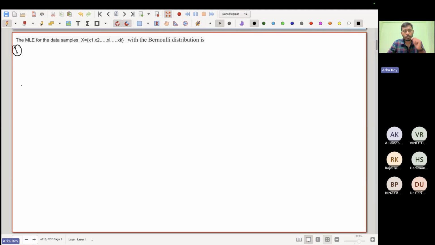This question states that the MLE of data samples X, which comprises K samples with Bernoulli distribution, is... So we have to find the MLE for the set of points which follows the Bernoulli distribution.